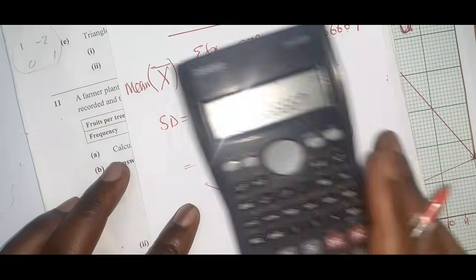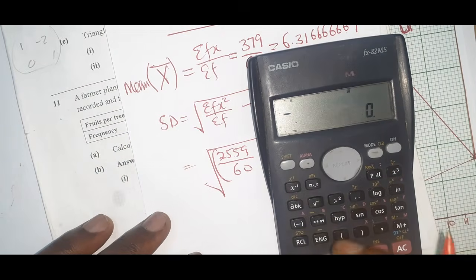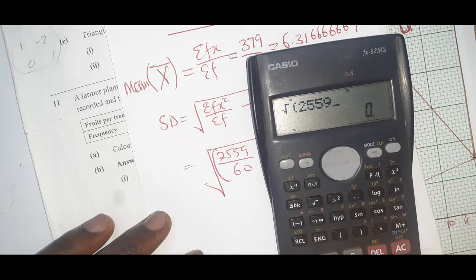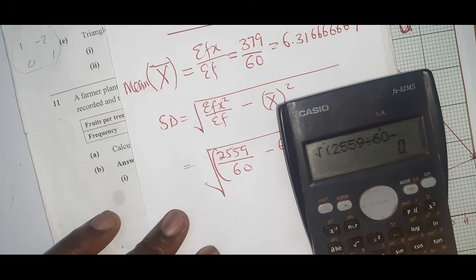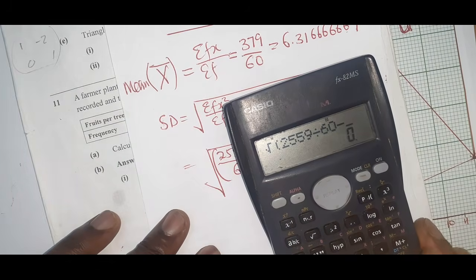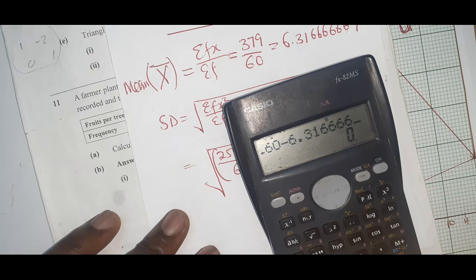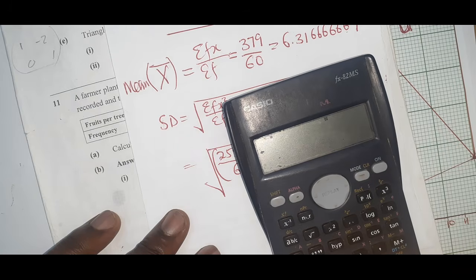Okay, so this is what we are going to do here. We open brackets, you first put the root, then open brackets, 2559 divided by 60 minus 6.3166667 squared, close brackets.